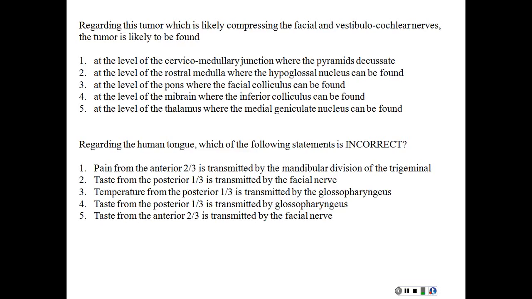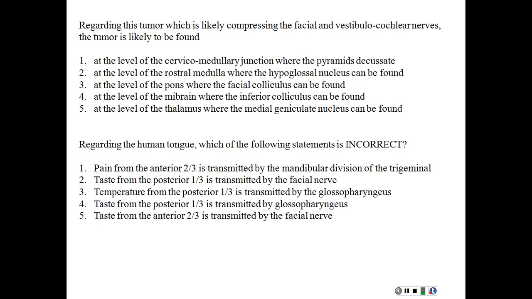Regarding the human tongue, which of the following statements is incorrect? Because she's got that weird taste thing going on. So pain from the anterior 2/3 is transmitted from the mandibular division of trigeminal, which is incorrect. That's true. Taste from the posterior 1/3 is transmitted by facial. That's false, right?